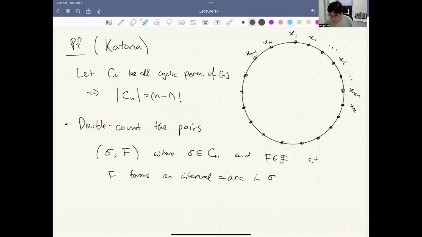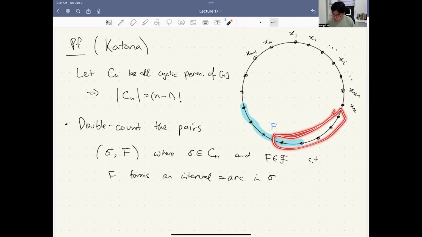So like this. Suppose k is 5. For example, if F looks like this, it will count 1 towards all possible pairs like this. So if F looks like this, it's not an arc because there's a gap. I really want a complete interval, everything.